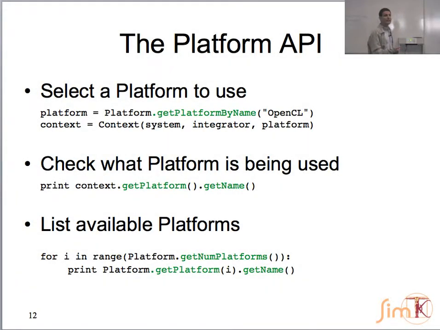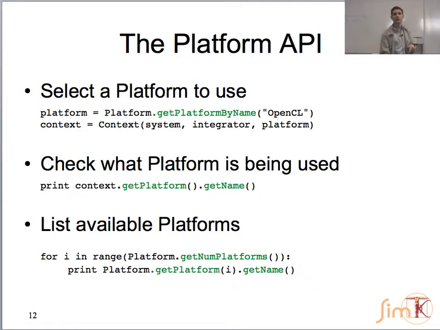So to select a platform, the platform is a class, but it has a static method called getPlatformByName. So getPlatformByName OpenCL will return the OpenCL platform to us. And then when you create a context, you can pass that platform as the third argument. In the other examples, we didn't specify a platform, and it just tried to guess what it thought would be the fastest one. But you can just tell it, this is the platform I want you to use.